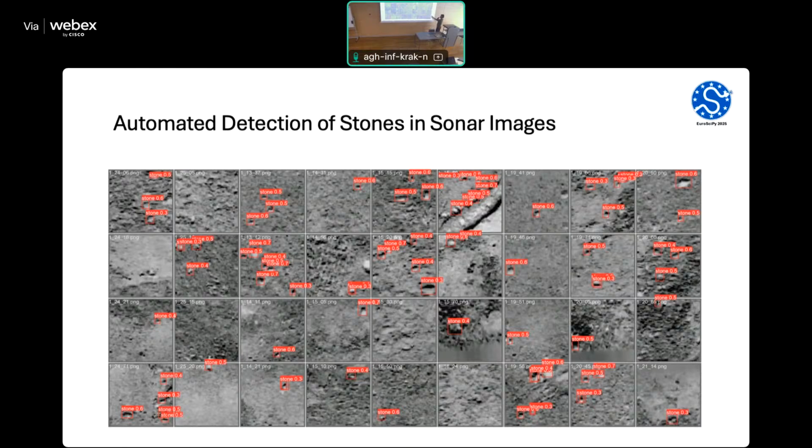For example, here or here as well. You might see that this is a gravel bed, and there is a boulder lying on top of the gravel bed. It becomes very difficult for a machine learning model, if not properly fine-tuned, to pick boulders in such complex areas. Now, there is another interesting thing here. If you look at this tile, you see a mark across the tile.